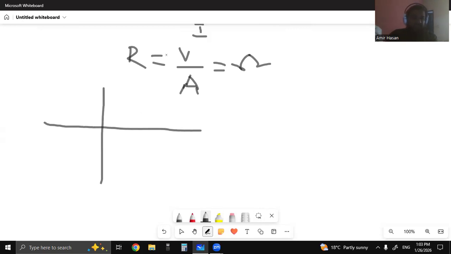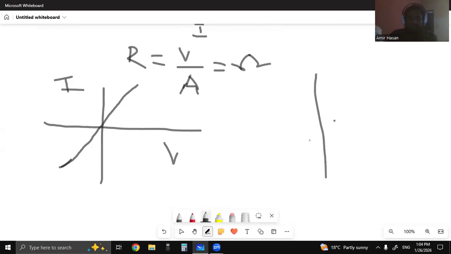If we keep current on the y-axis and potential difference on the x-axis, then the graph is drawn like this, meaning current is directly proportional to voltage. This graph shows the case when the conductor is an ohmic conductor. If we change the axes, there is no effect. The graph is the same.